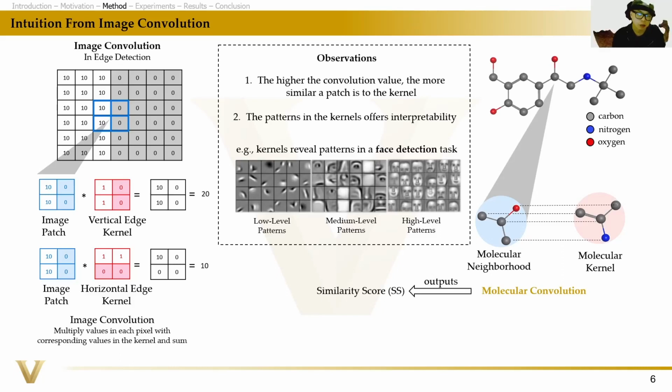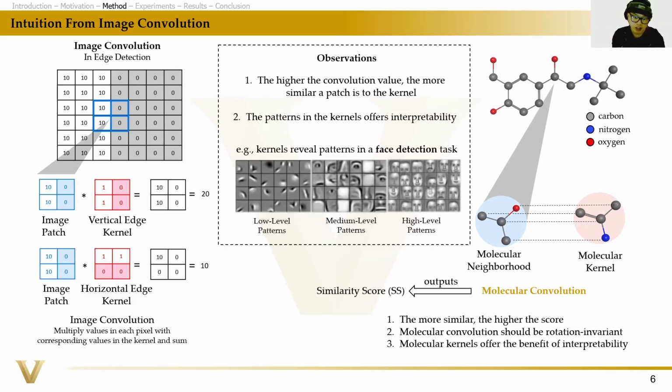There are several properties we want from this similarity score. First of all, the more similar a molecular neighborhood is to the molecular kernel, the higher we want the score to be. And secondly, we also want this molecular convolution to be rotation invariant. And finally, we can see that these molecular kernels can also offer the benefit of interpretability.